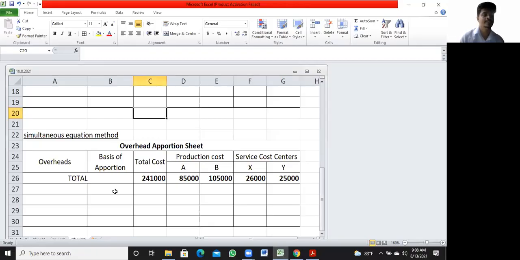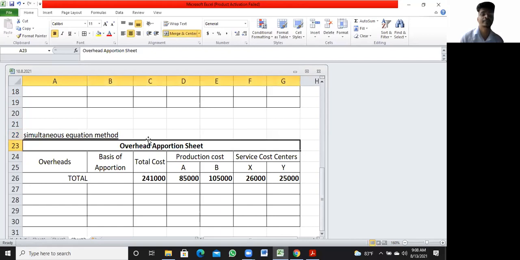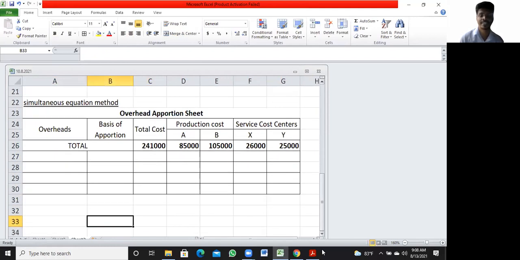Okay, now let's see how to do the same thing according to the simultaneous equation method. Okay, we are going to redistribute the cost, reapportion the cost of service cost centers among these two production cost centers.